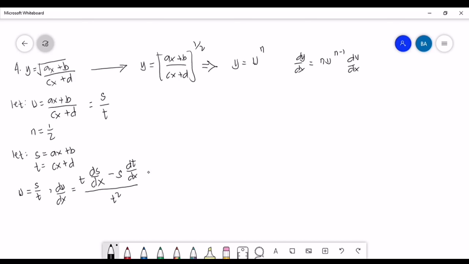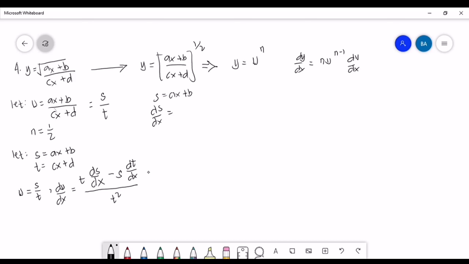So to solve this, let's use this. For ds with respect to x, if our s is equal to ax plus b, we can solve for its derivative with respect to x, since a and b here are just constants.